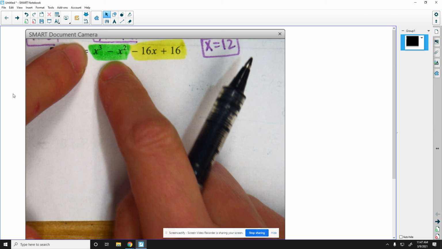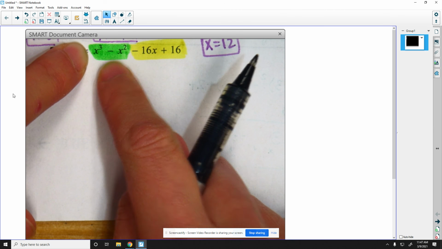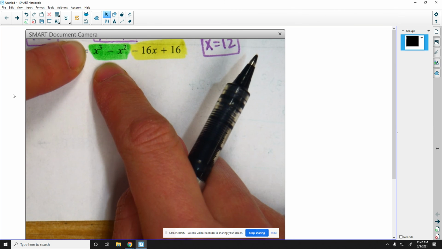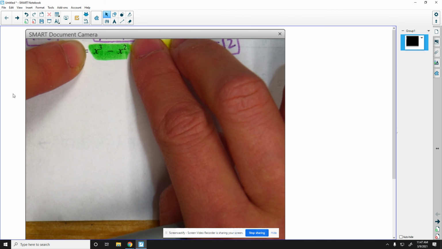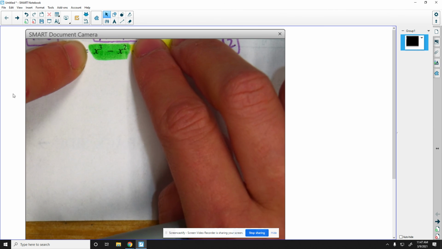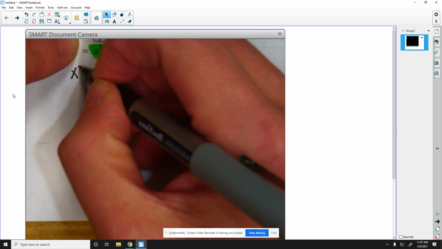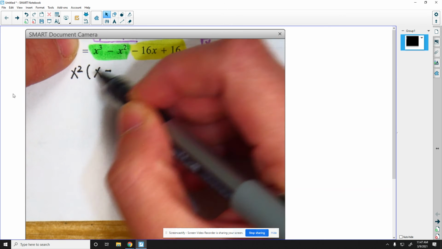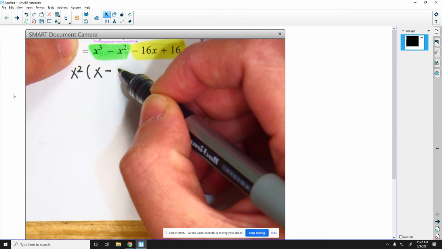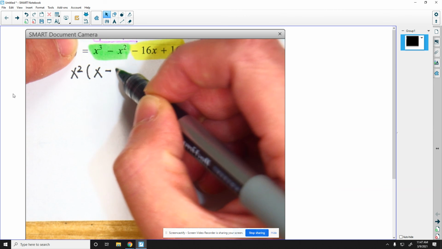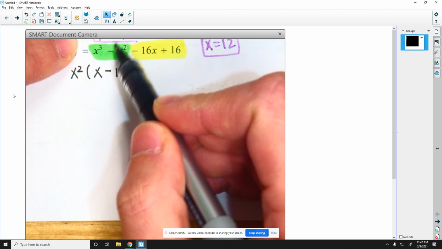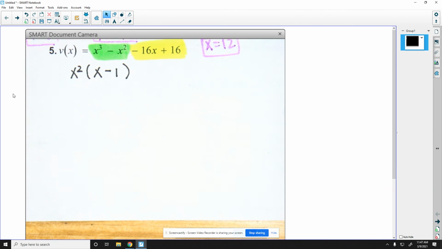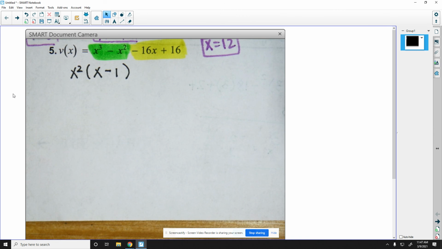All right. So remember how we do this? We group it. So the first 2, the last 2. So for the first 2, I'm going to take out a GCF. What can I take out for the first group? X squared. So left over, I have x. I have a minus. Oh, the x squared disappeared. So what do I write? Not 0, it's 1, because technically x squared divided by x squared is 1, just like 5 divided by 5. It's just 1.